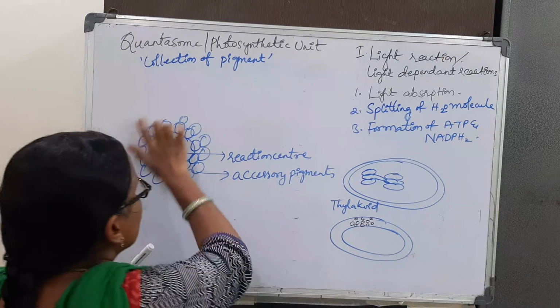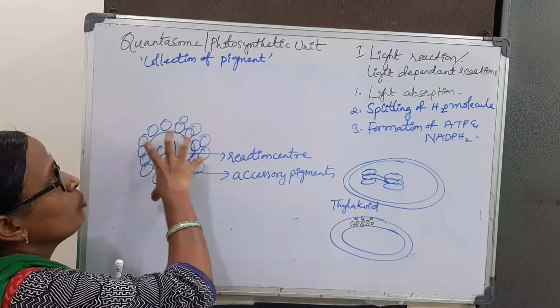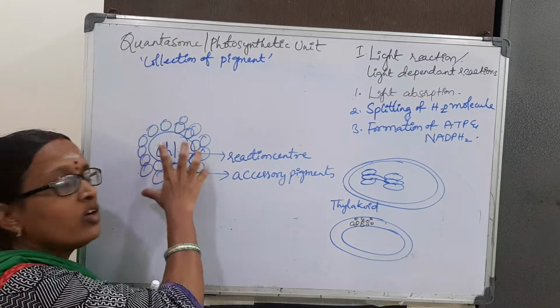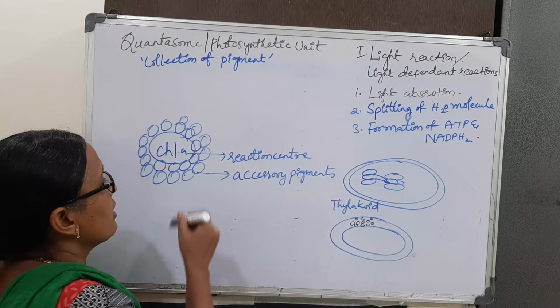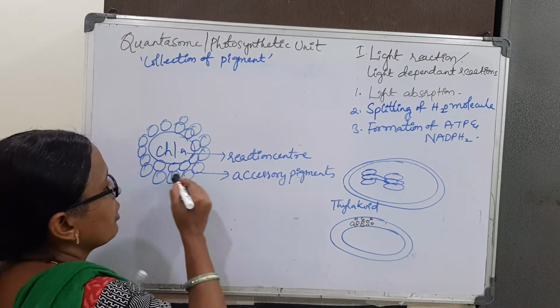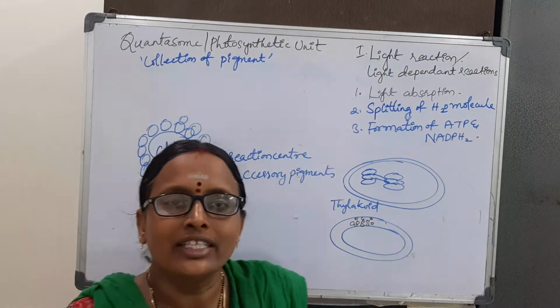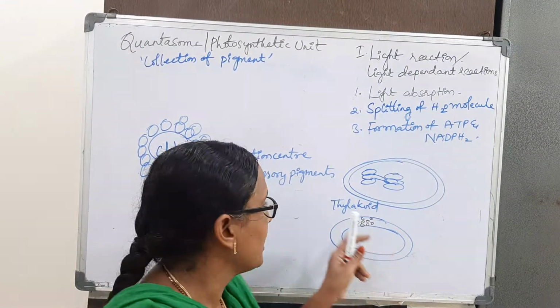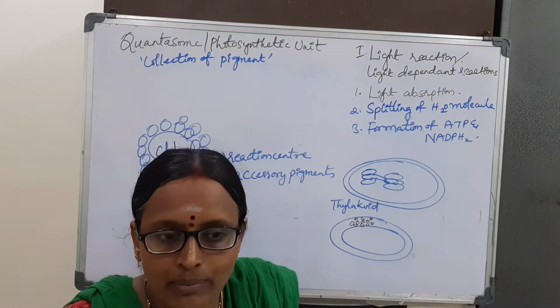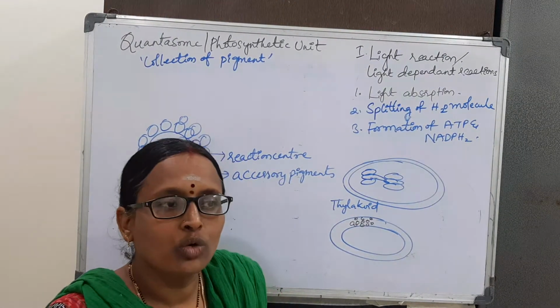All this structure, what is this a group of? All these are pigments. Other pigments, what are they? Xanthophylls, carotenoids, all the pigments are gathered, collectively present in the thylakoid membranes to capture, to absorb the light.